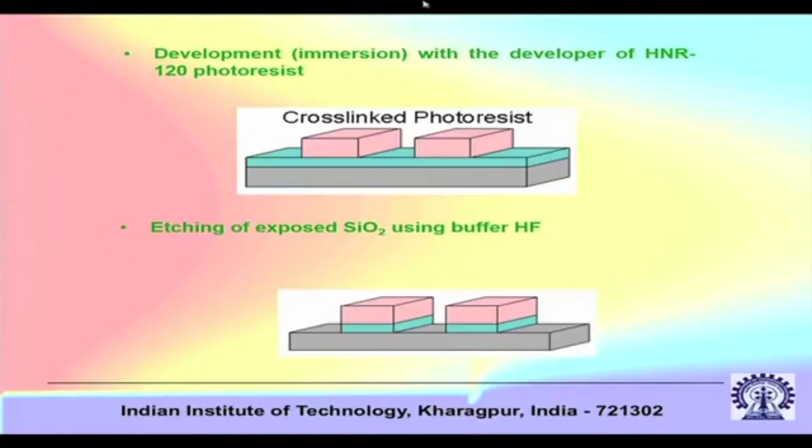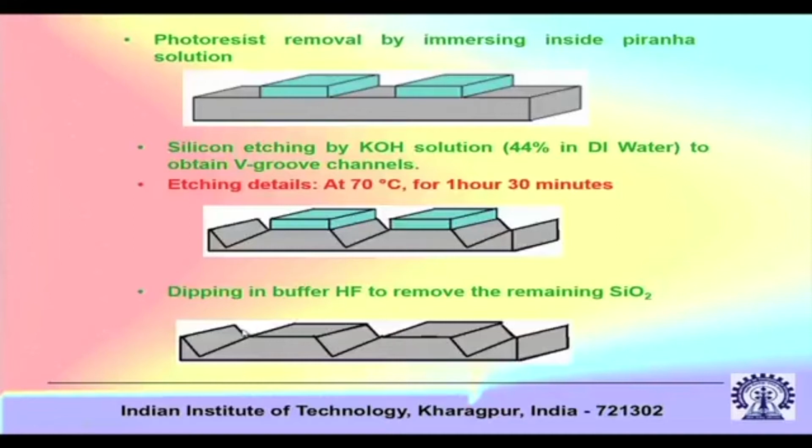So you have the cross-linked photoresist, then etching of the exposed SiO2 using buffer HF. You see that the exposed blue colored region, the SiO2, is now gone with etching with a buffer HF. Then the photoresist itself is removed.